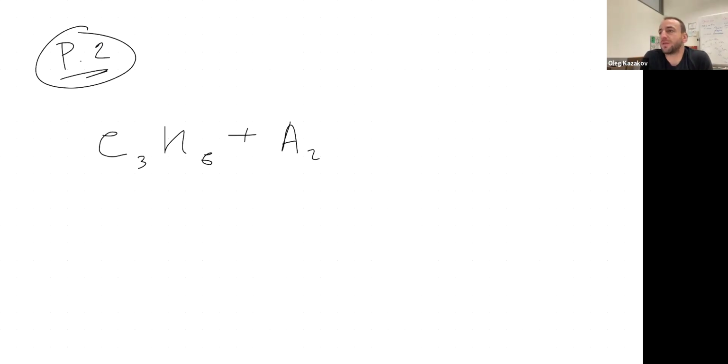Then what you're going to get is something like this, as a generic result. You're going to retain the atomic composition of the original organic molecule, C3H6 in this case, which is a specific organic molecule. Then you add something general that contains, for example, two atoms. Maybe it's going to be bromine, bromine. Maybe fluorine, fluorine.